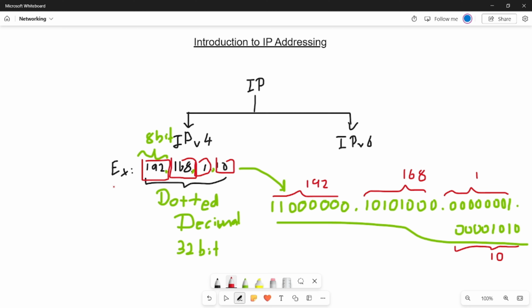This is the main thing we have to know about IPv4 addresses.